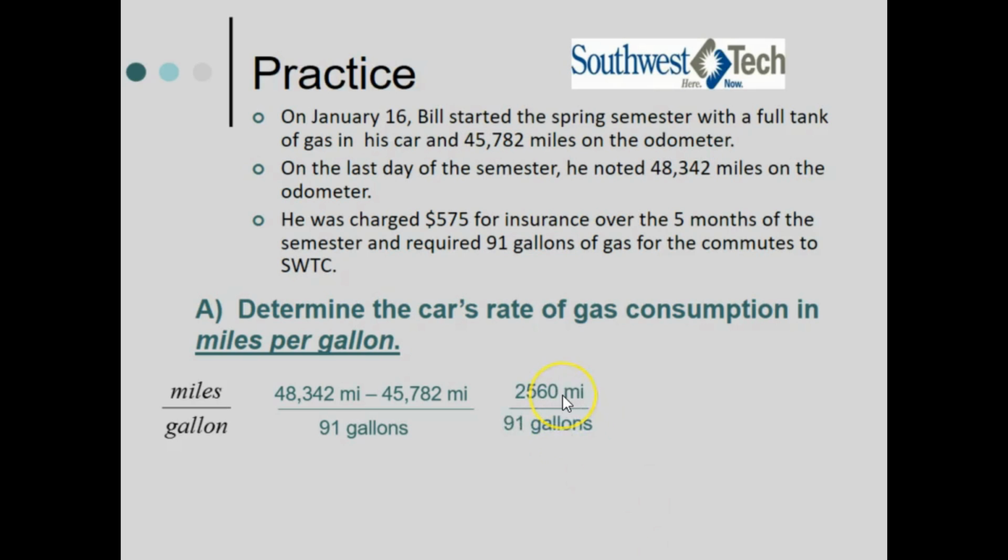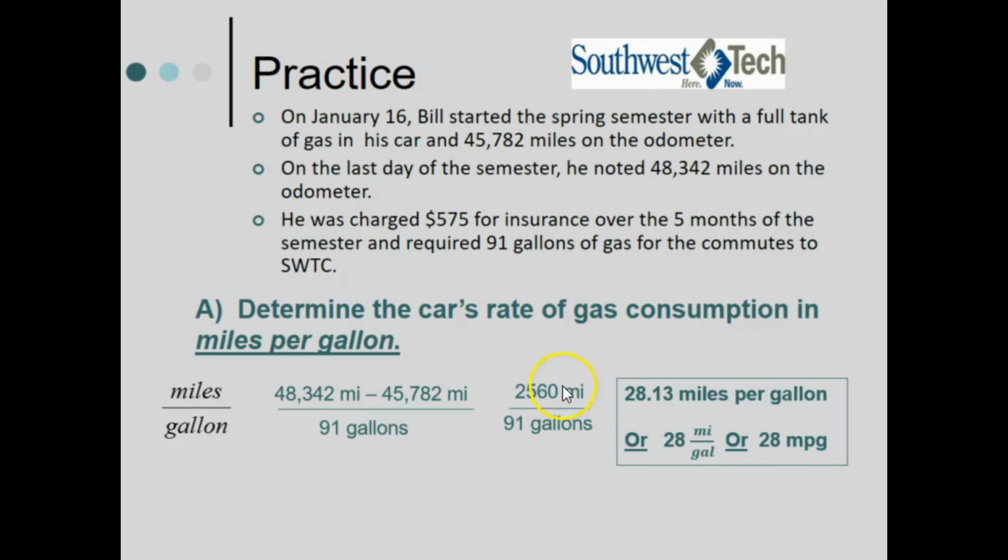As I said, simplifying those odometer readings gives us the total mileage for the commutes per gallon and shows us when we do the indicated division, numerator 2,560 divided by 91 gives us the following value, which we can write out the units. We can express it as a ratio or fraction, or oftentimes we see a common abbreviation of MPG for miles per gallon.